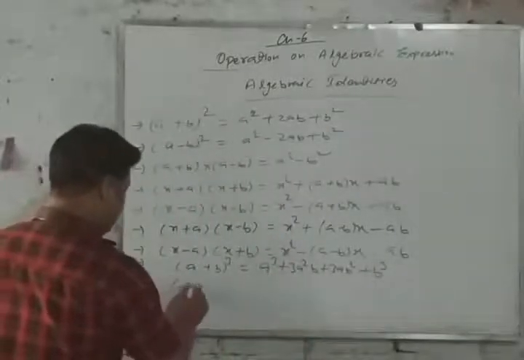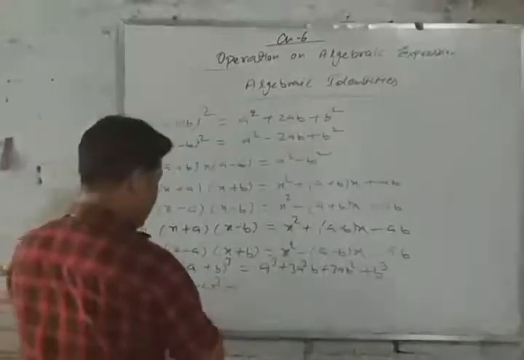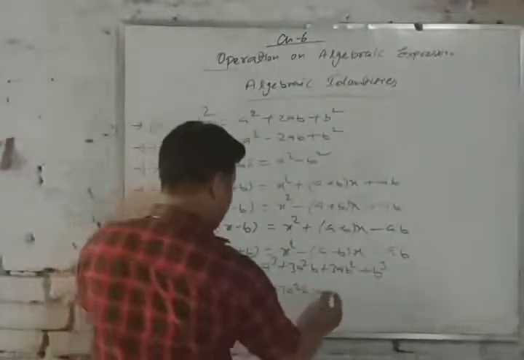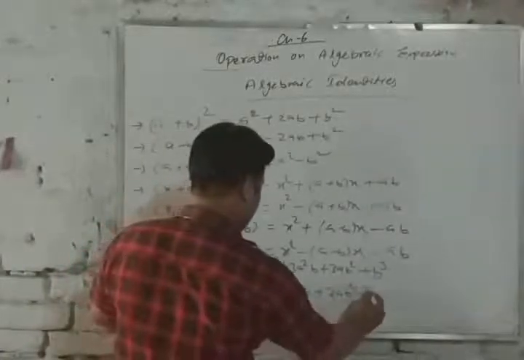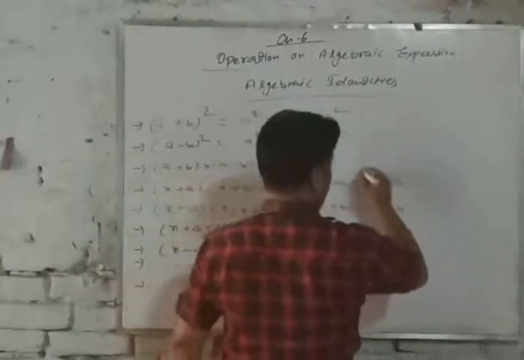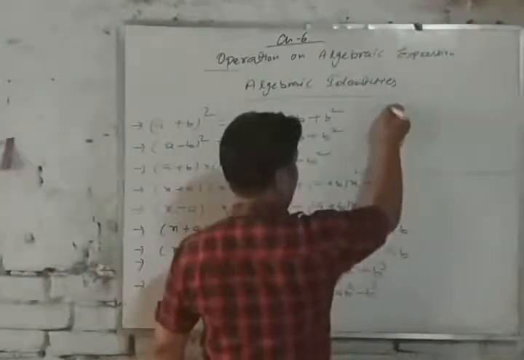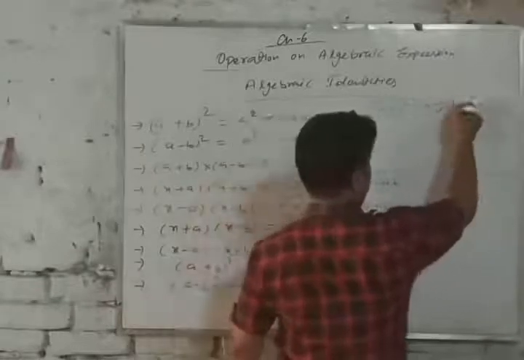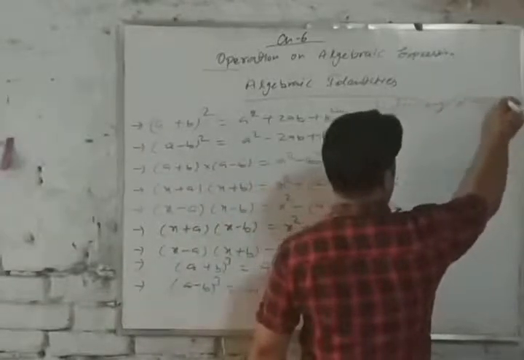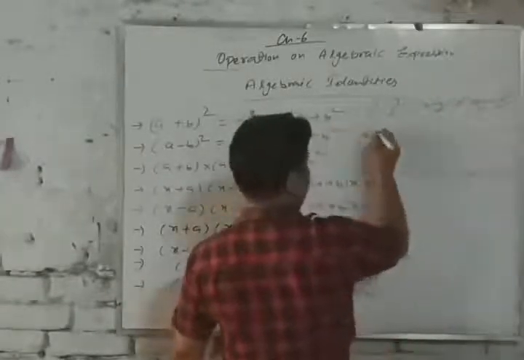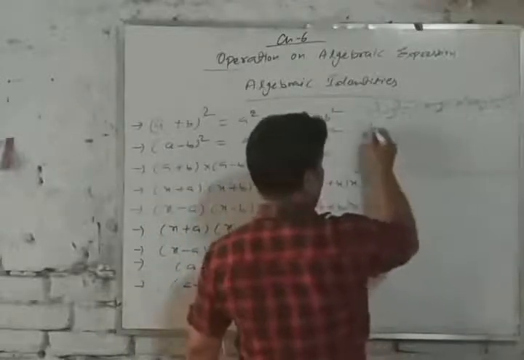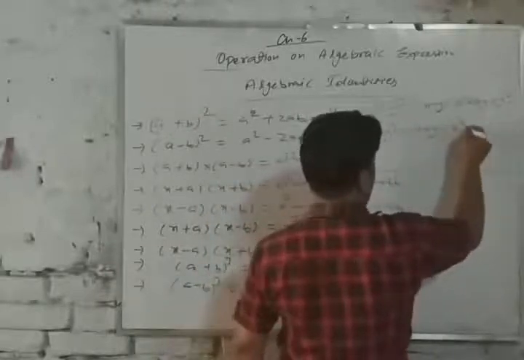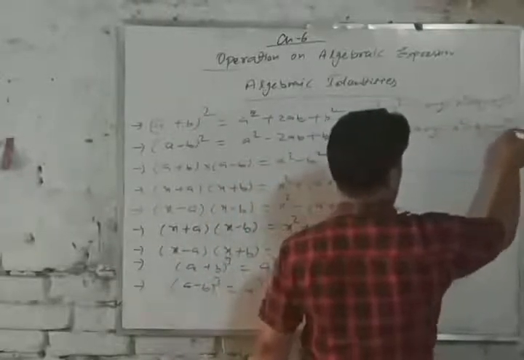Then A minus B whole cube is equal to A cube minus 3A square B plus 3AB square minus B cube. And the last two: x cube minus y cube is equal to x minus y into x square plus xy plus y square. Then x cube plus y cube is equal to x plus y into x square minus xy plus y square.